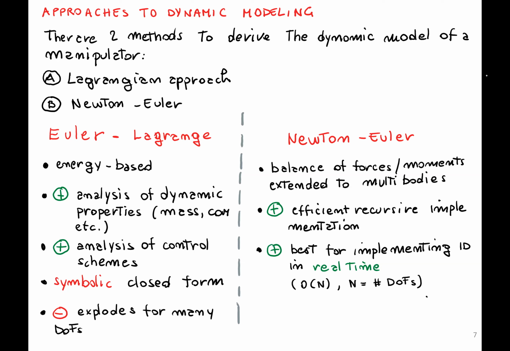Its complexity is linear in the number of degrees of freedom, and this is very, very good in terms of efficiency. Actually, it is the best one, I would say. And as I said, the dynamic equations are in numeric form.